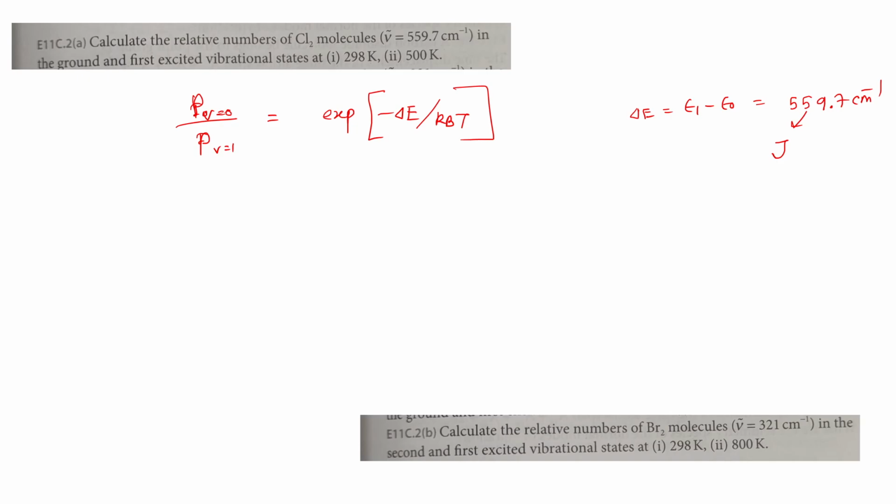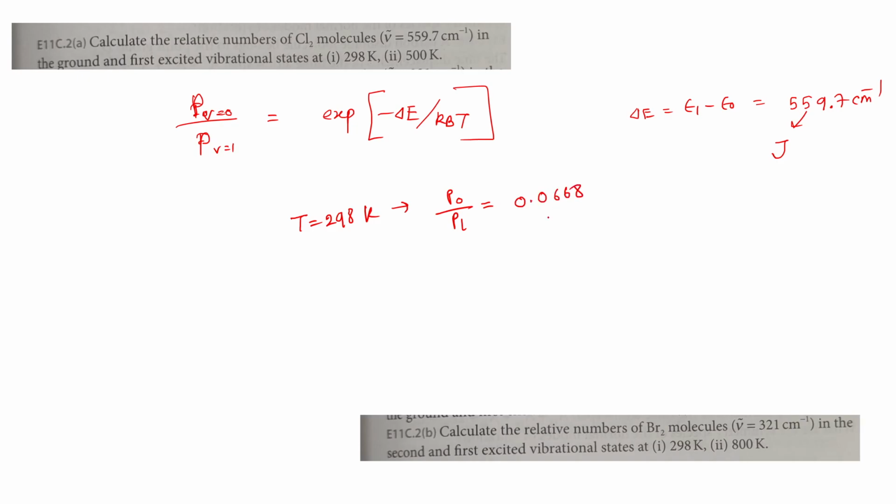So what do we expect? At room temperature, what I have said, most of the molecules will stay in the ground state, right? So in the first case, for T equals 298 Kelvin, when you do the calculation, you will see P0 by P1 will be 0.0668, something like that.